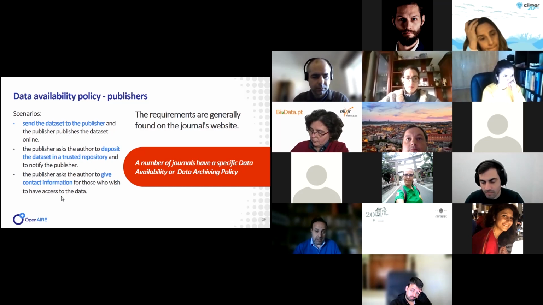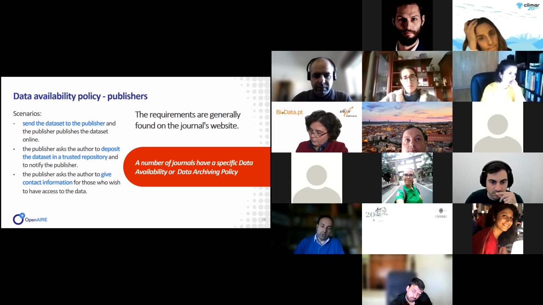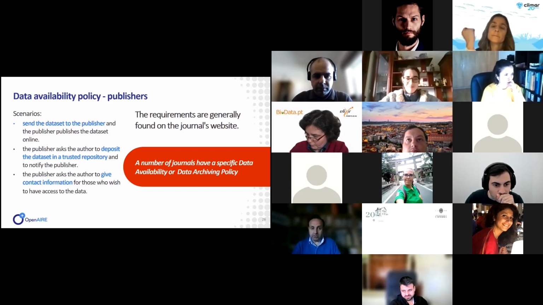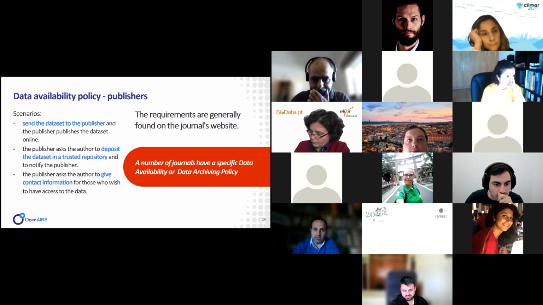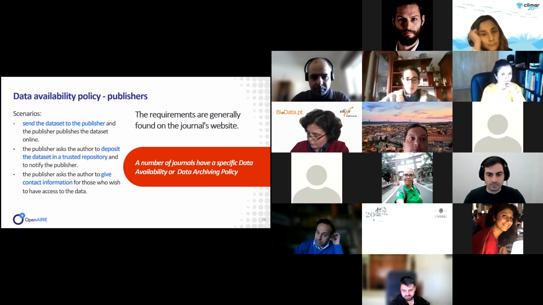And some others are more flexible, and they just ask for a contact. So if a reviewer of a paper or someone in the editorial board wants access to the data, they will contact a specific person whose contact information you give. So these are the three types of policies that publishers usually have. This is usually quite well documented on the journal's website, etc. But it's important to highlight.